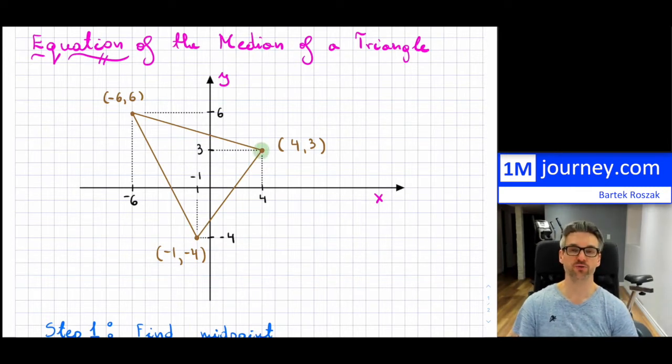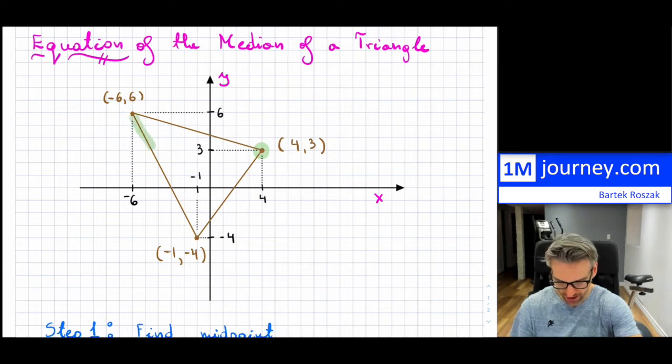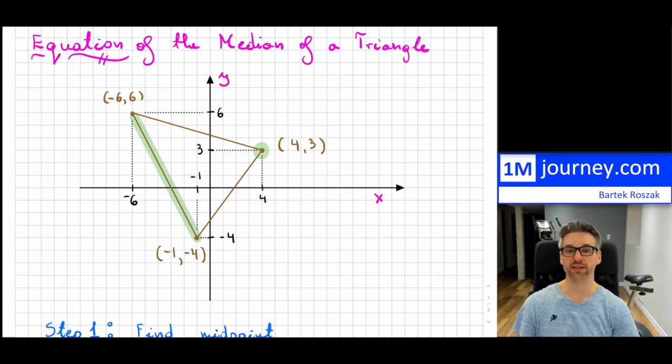Once you choose a vertex, the median is going to touch the opposite line, this particular line right here. We're going to try to find what that median is. It's going to touch at the midpoint of that line, which is shaded in green now, and we're going to find the equation of it.